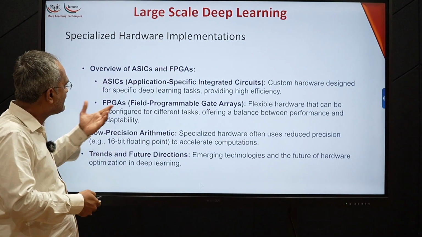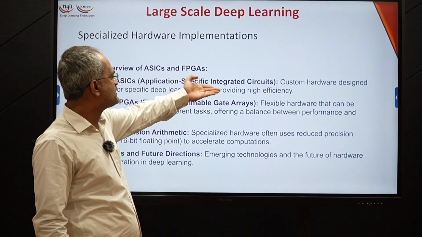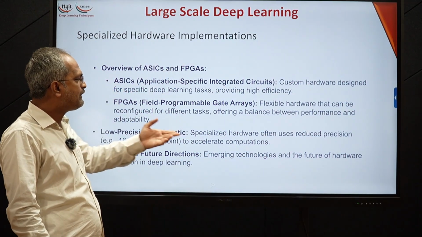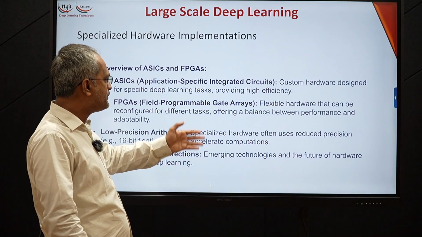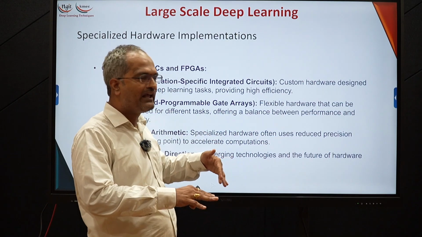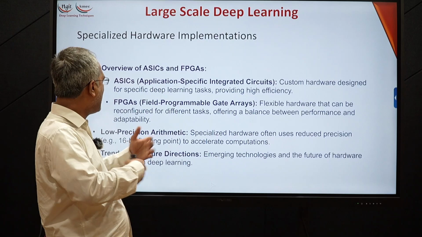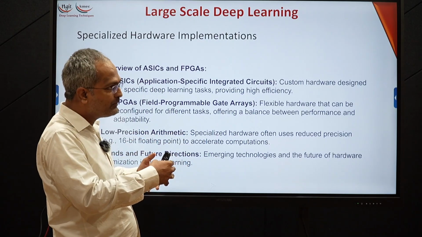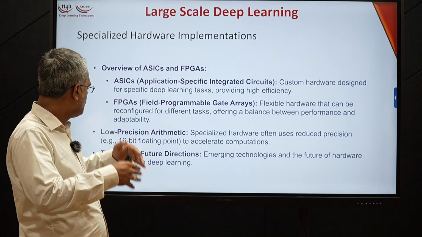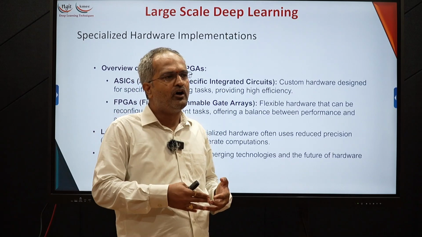That is another solution for large amounts of data, called application specific integrated circuits. FPGAs are also another solution. They are flexible hardware that can be reconfigured for different tasks and offer a balance between performance and adaptability, that is, dynamically taking decisions. And low precision arithmetic is also part of this, and there are several concepts involved.